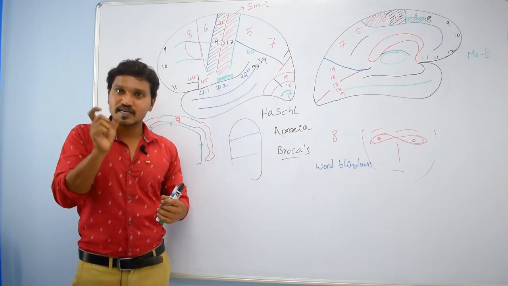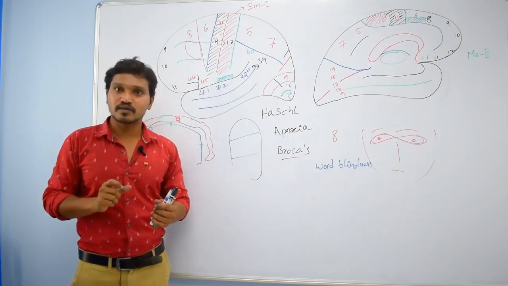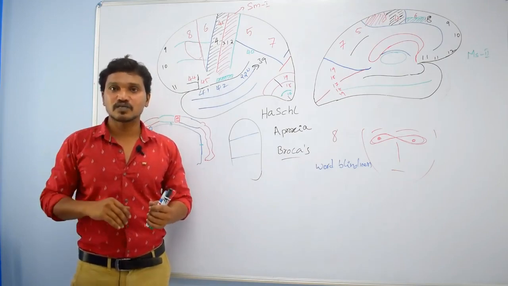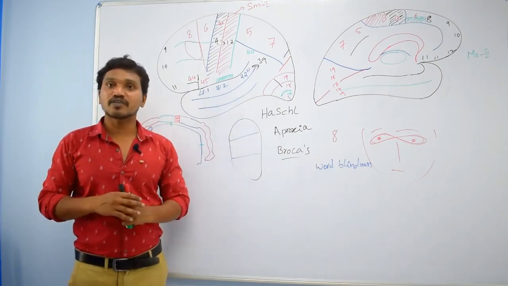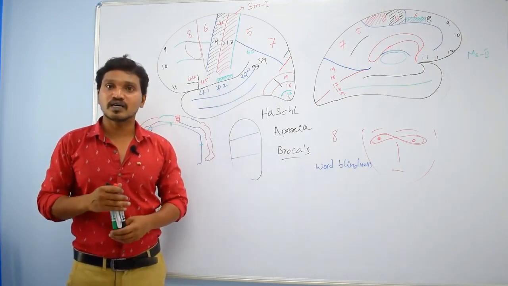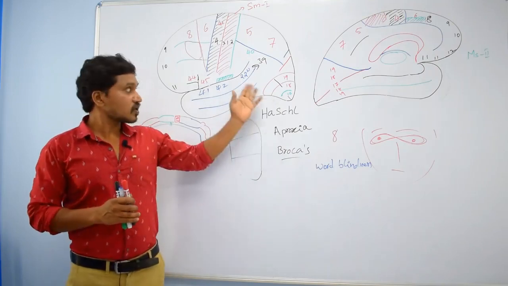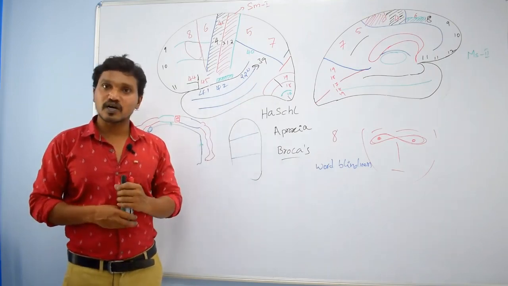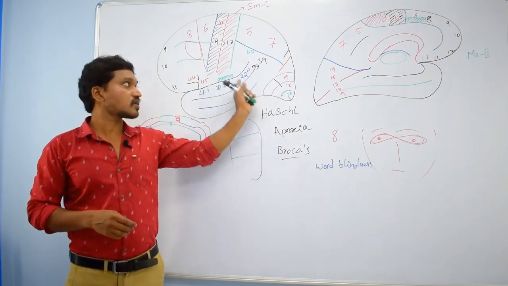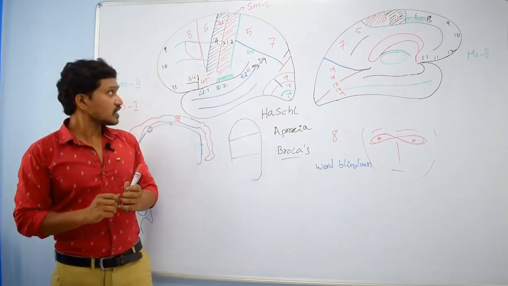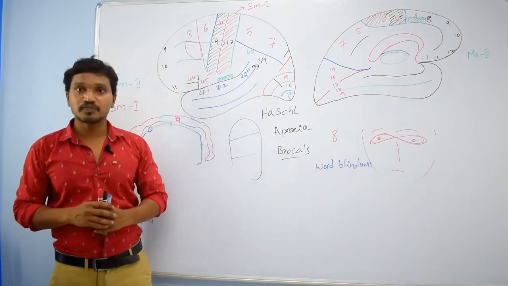So that speech we call sensory aphasia. That condition we can also call word deafness. Here word blindness, and here word deafness. That is about the temporal lobe.